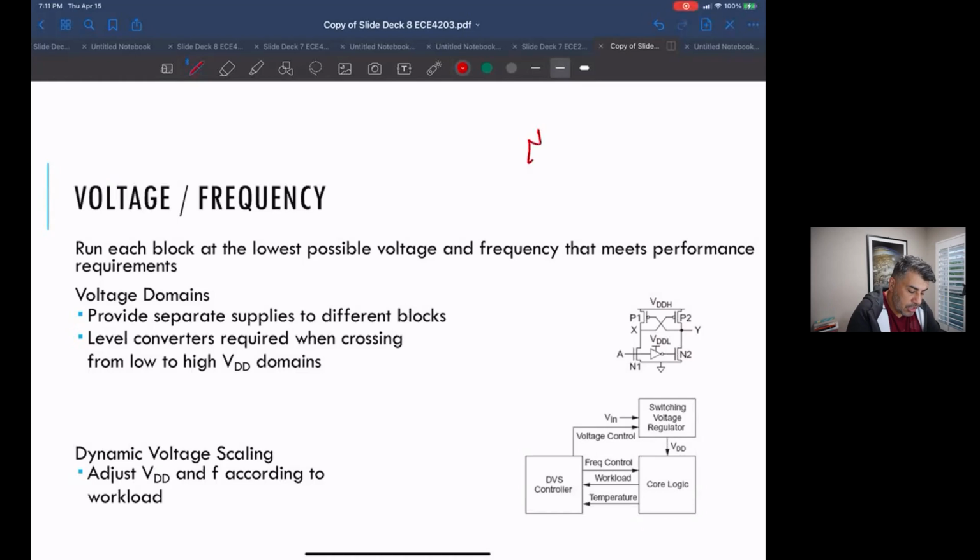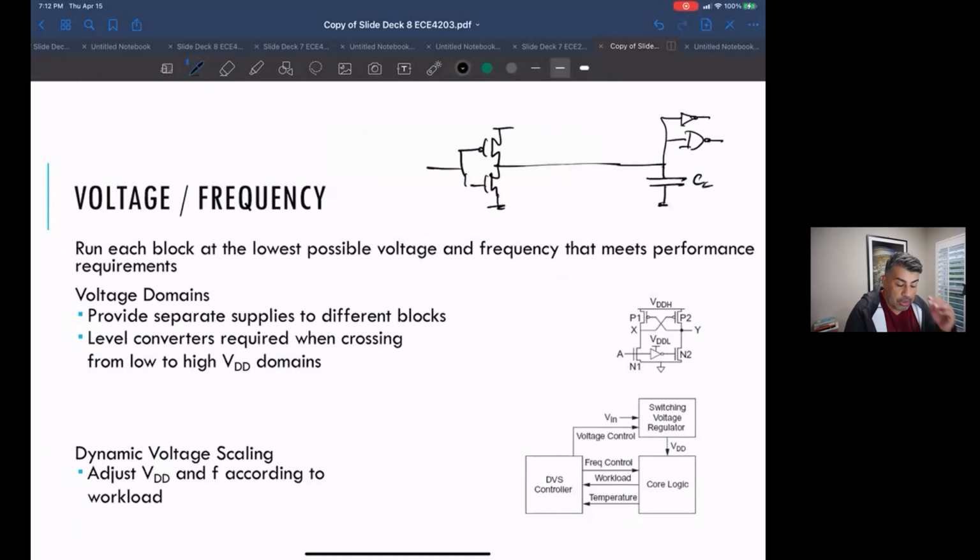If you look at an inverter as a representative of all the gates, it's driving other gates, other inverters and NAND gates, etc. But in sum total it's basically driving a capacitive load that represents all the logic gates that it's driving.